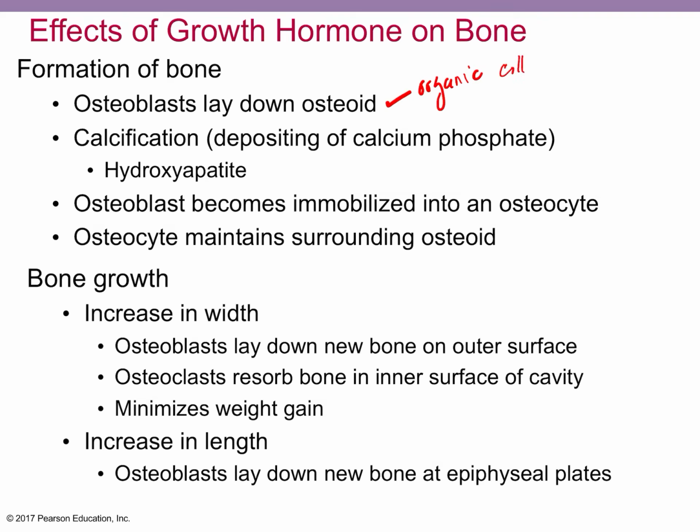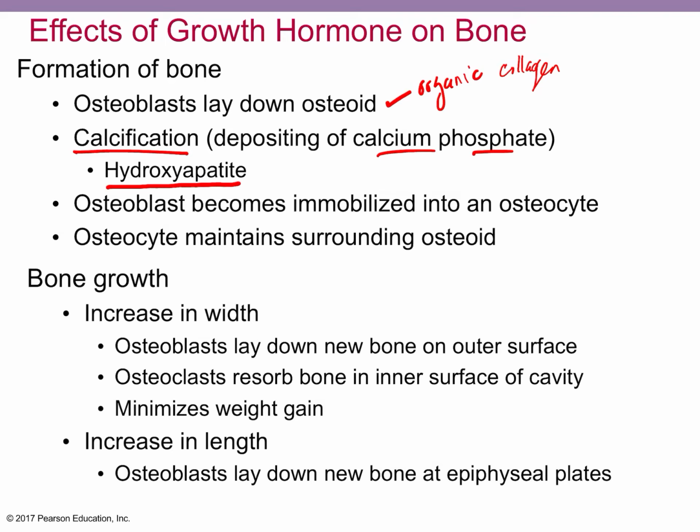It is mostly collagen. Hopefully you remember this from anatomy. And the osteoid is then calcified by the deposition of minerals, calcium, phosphate, and the mineral in bone is hydroxyapatite. So we have osteoid, the collagen, and hydroxyapatite together that make bone.